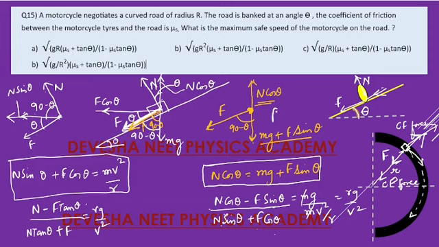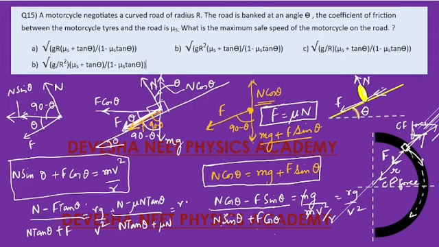So it means n minus mu n tan theta upon n tan theta plus f, which is mu n, is equal to rg by v square. So this is what we have till now. We'll try to clear some space here.